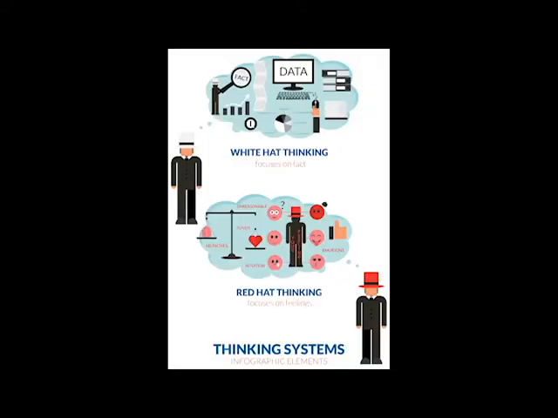De Bono allocated a different coloured hat for a different way of thinking. They are the white hat, the red hat, the green hat, the blue hat, the yellow hat, and of course the black hat. But what does each hat represent?